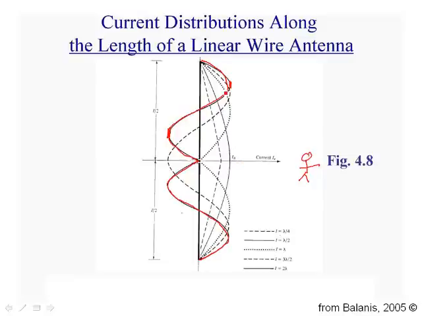Question? I didn't understand what cancels. This current filament here, which is pointed positive, will have its counterpart over here. You can't see what you're pointing at. Oh, I'm sorry. Is that better? Yes. Okay. This current filament here is going to have a counterpart over there, which will be pointed in the opposite direction.